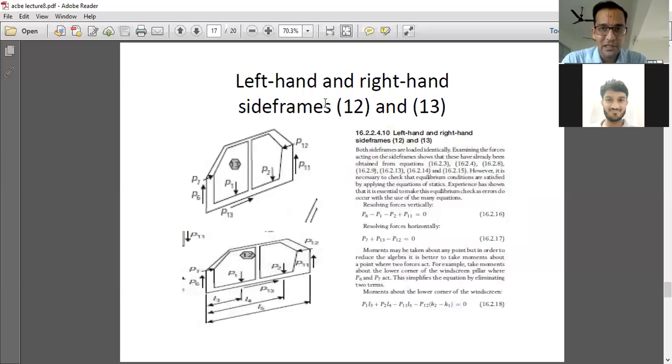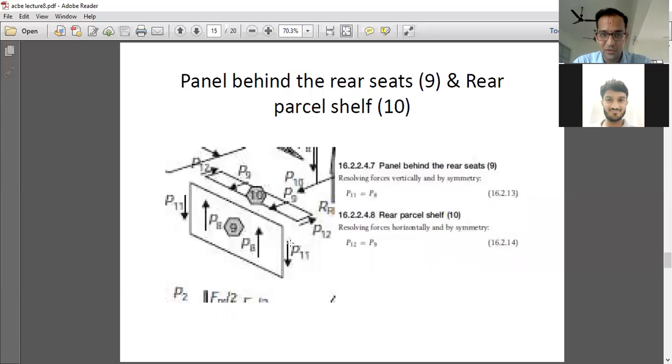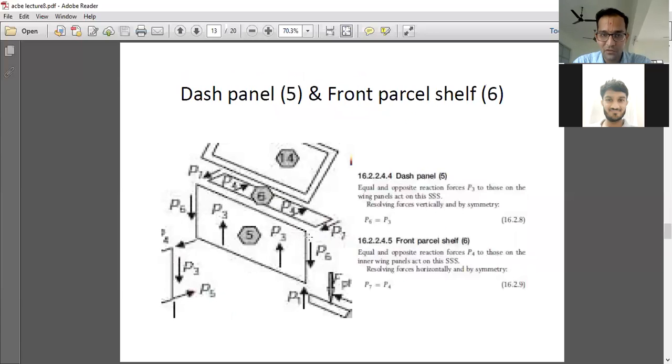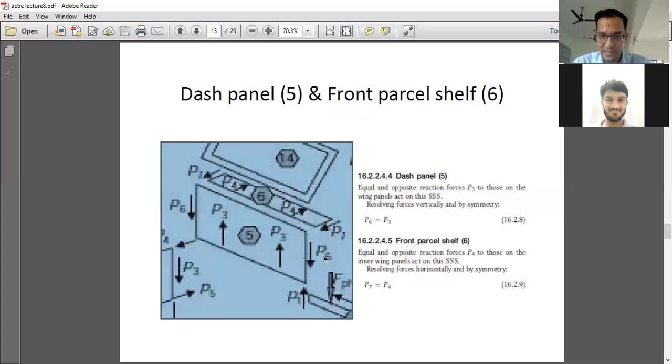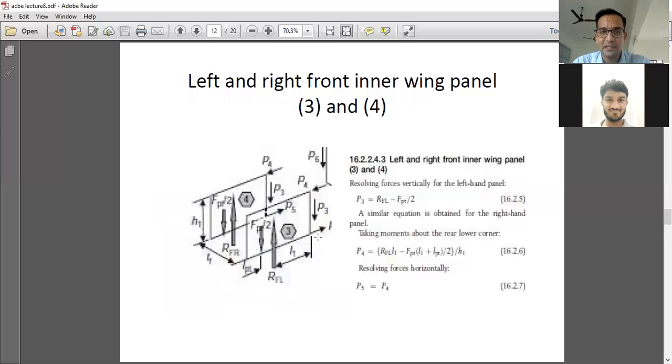As we refer to the left and right hand side frames, the load consideration is going to be like this. P6 is working in vertical upward direction. From where are we taking that P6? You can say it is available from here. And which is this component? This is the dash panel which is available in front. From where we have got P3 and P6: P3 was the load acting at the joint in downward direction.